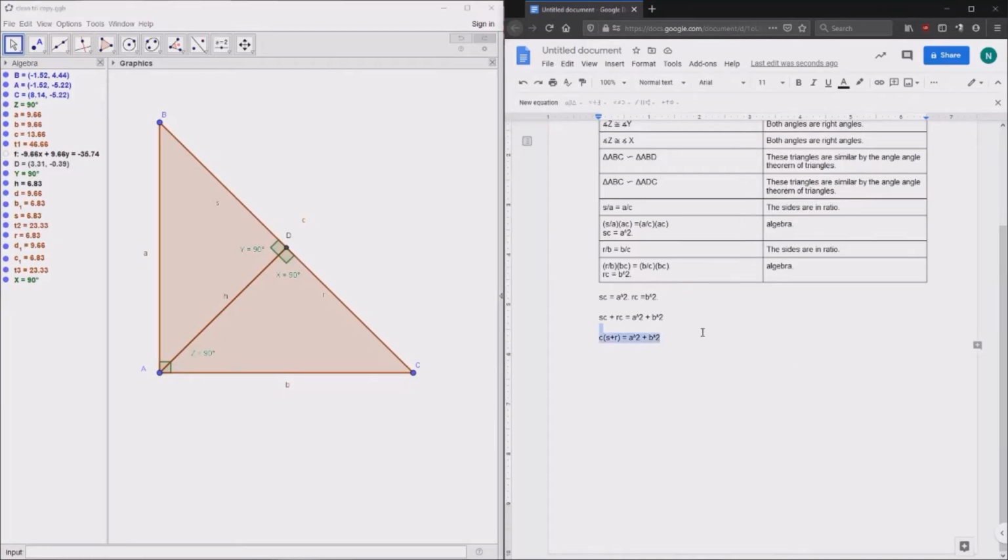Well, I think it's pretty clear that S and R add to C, so we get C times C equals A squared plus B squared. And what is C times C? C times C is, of course, C squared. So we have shown that C squared equals A squared plus B squared, thus proving the Pythagorean theorem.